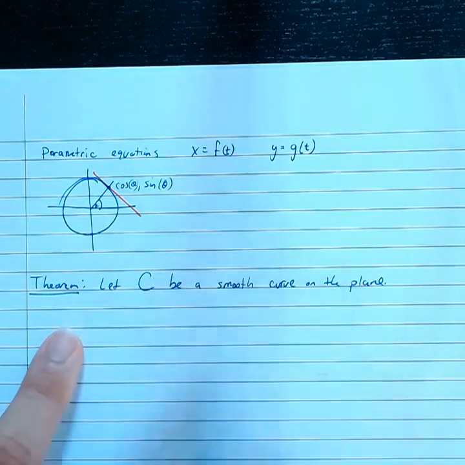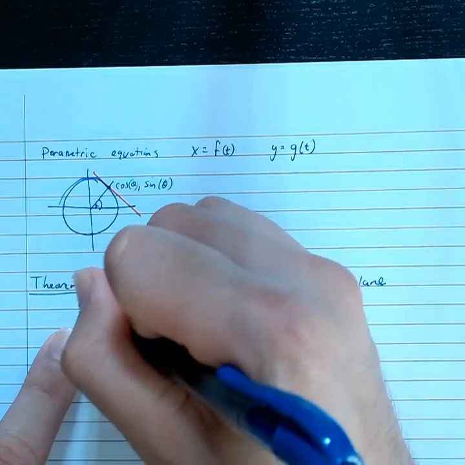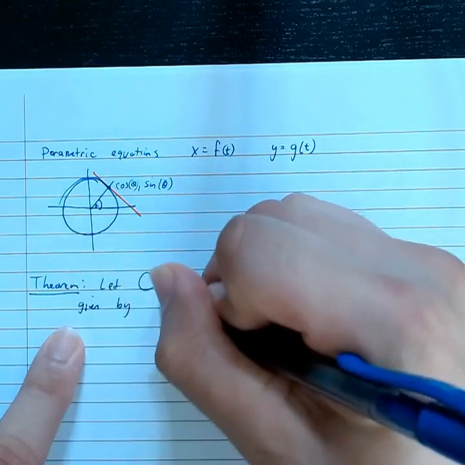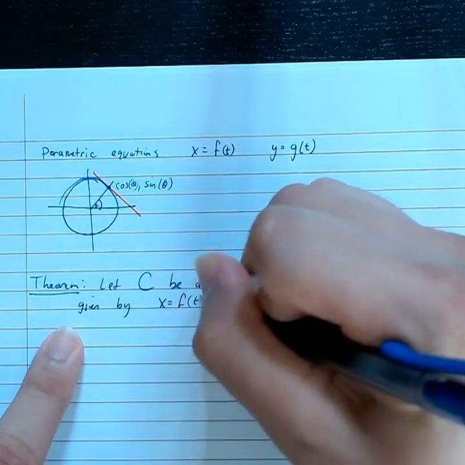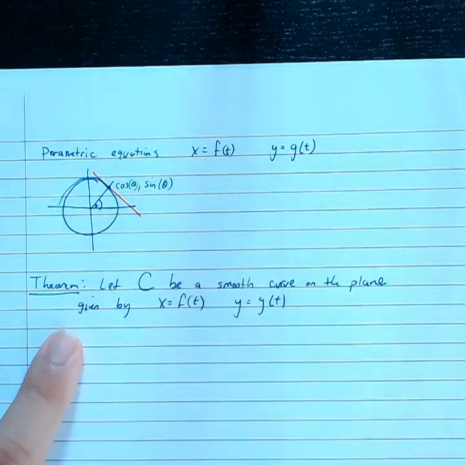So let C be a smooth curve on the plane that has been given by the parametric equations x equals f of t and y equals g of t.